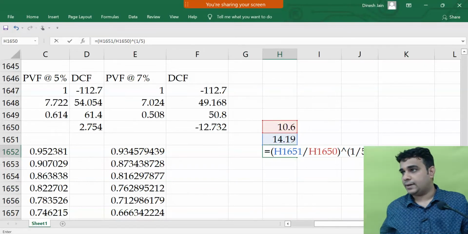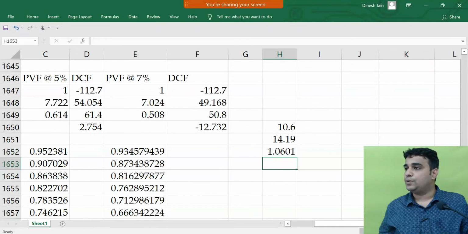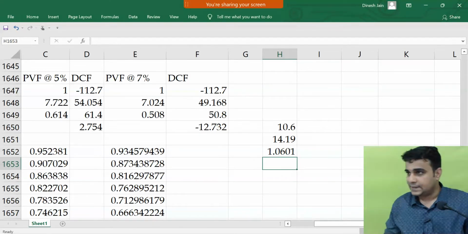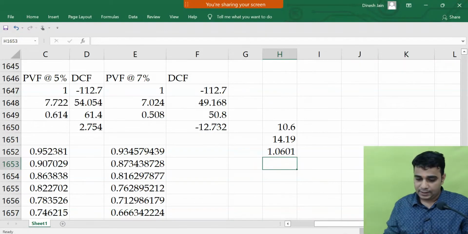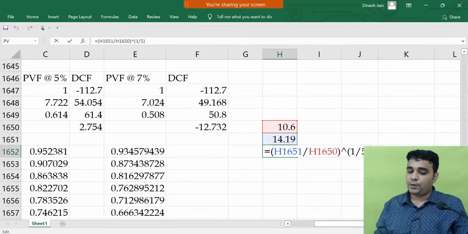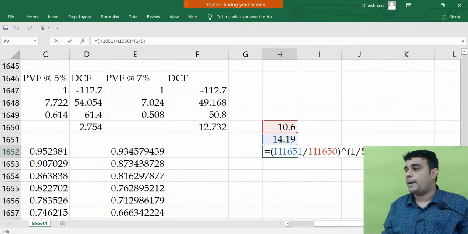Technically, you will have to do that, which is not possible for you to do in your calculator. The answer is 6.01%. The exact number is 6.01. I wouldn't even tell you to do 15 minus 14.19. Nothing needs to be done. I have the number 14.19 divided by 10.6, power 1 by 5.